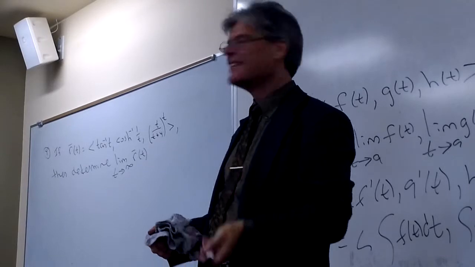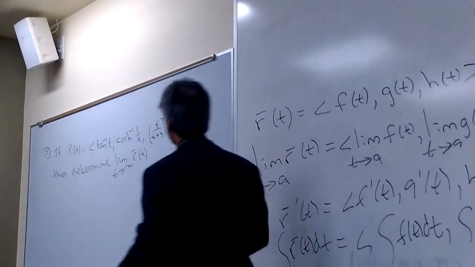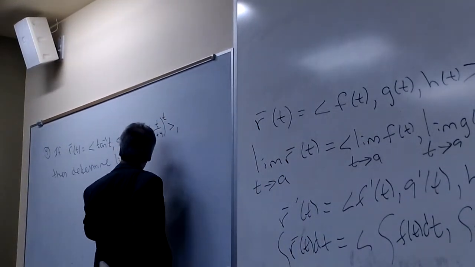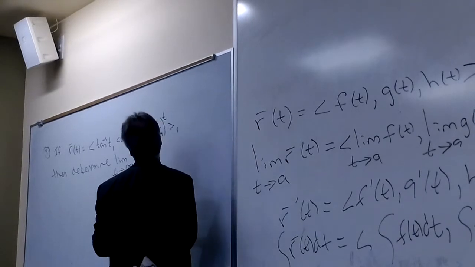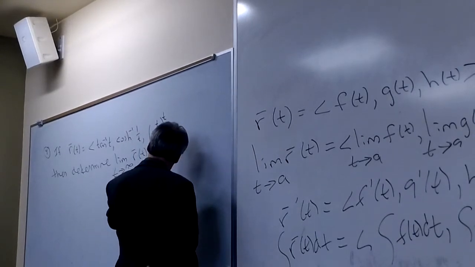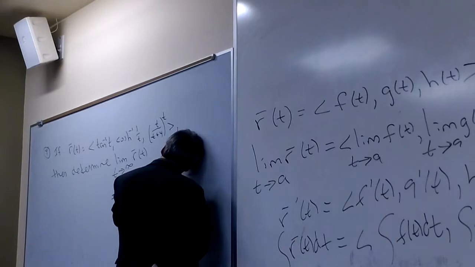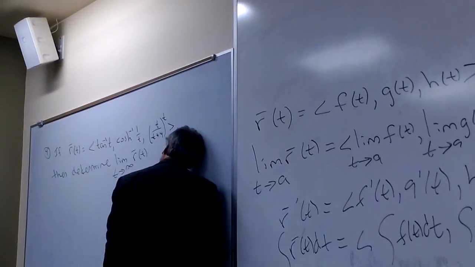Pi over 2. I don't remember this. Cosine hyperbolic. Where's my lookup table? I'm not sure about the cosine hyperbolic. I don't remember that.